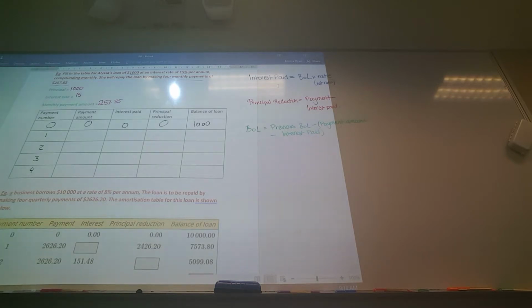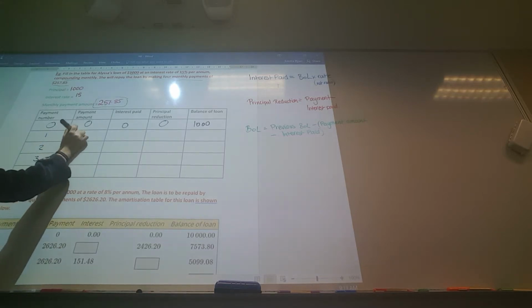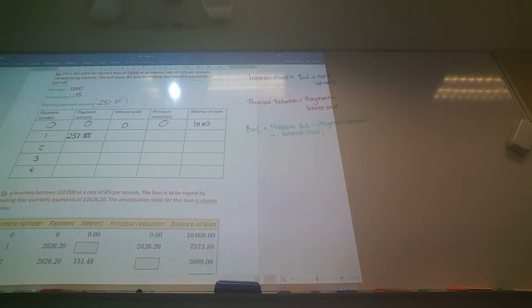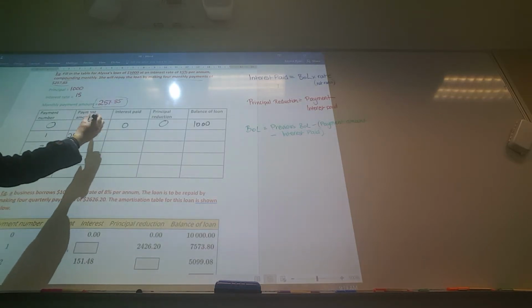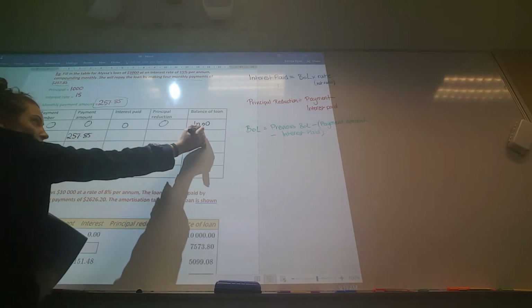Okay, so then we have in the first month, the first payment amount we have right here. So she's paying $257.85. Okay, the amount of interest paid. So we need to work out how much interest is there on this amount of money.